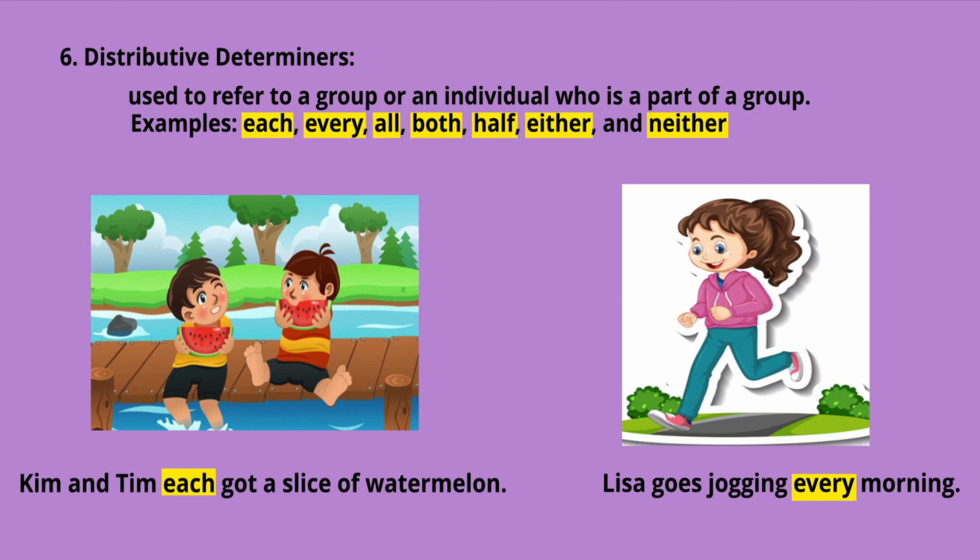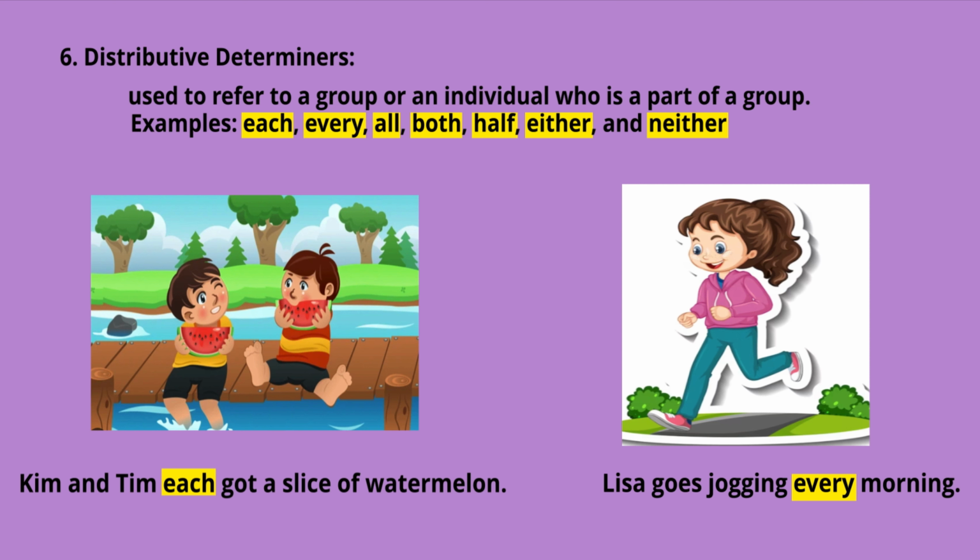The sixth one is distributive determiners. It is used to refer to a group or an individual who is a part of a group. Examples: each, every, all, both, half, either, and neither. In the first image, what do you see? You see two kids eating watermelon, right? Kim and Tim each got a slice of watermelon.